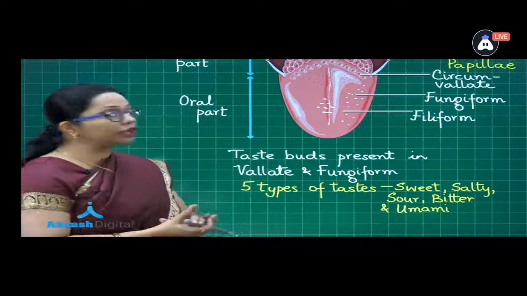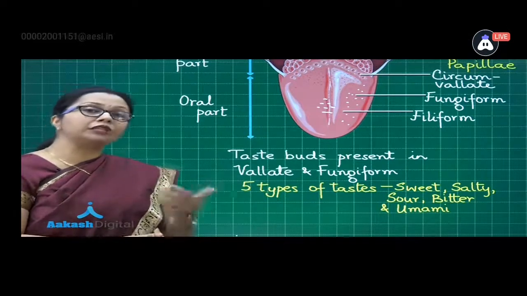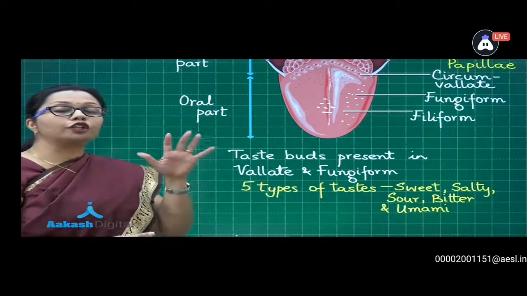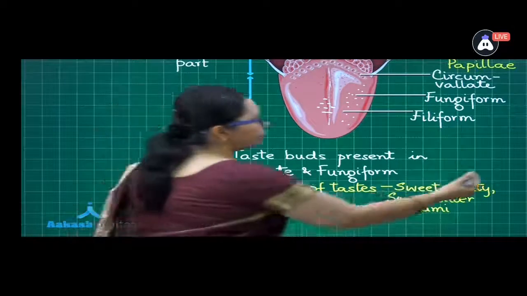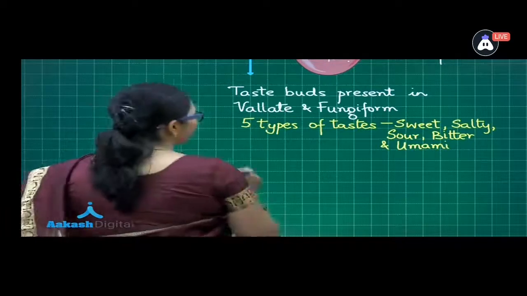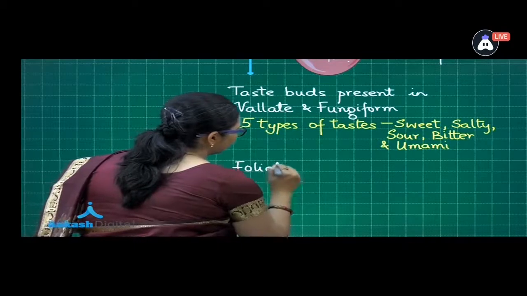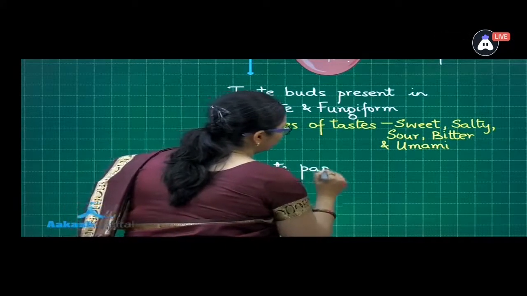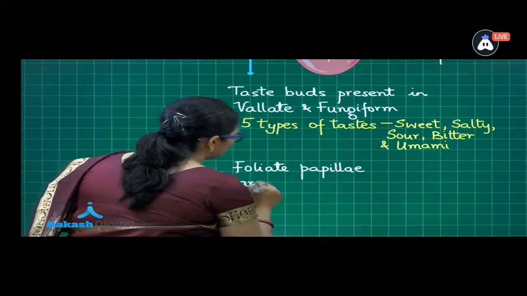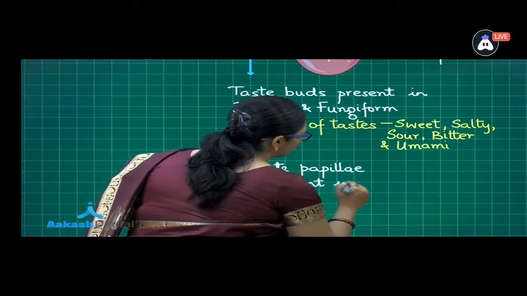Now, other than these 3 types of papillae, there is one more type of papilla which is present in some other animals, but not in humans, and that is the foliate papilla. The foliate papilla, which is in the shape of a leaf, is found in other animals but not in humans. So foliate papillae are absent in humans.